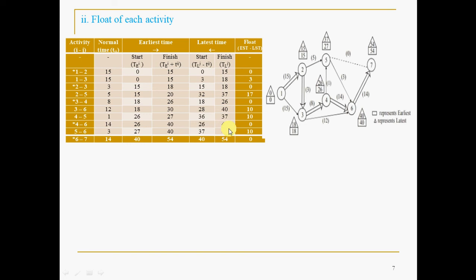So this is another way of computing the values of the square box and triangle box, just by formula, analytically. There I explained it in an engineering way: whichever is highest you take in the forward pass, whichever is lowest you take in the backward pass. The same thing has been explained here mathematically or analytically. Please note that Ti, if you take 1 to 2 as the activity, is the time estimation at the ith node.